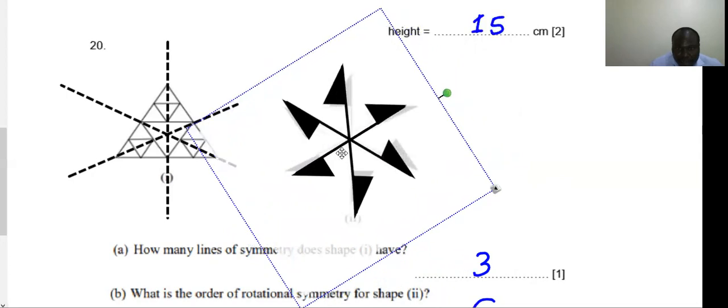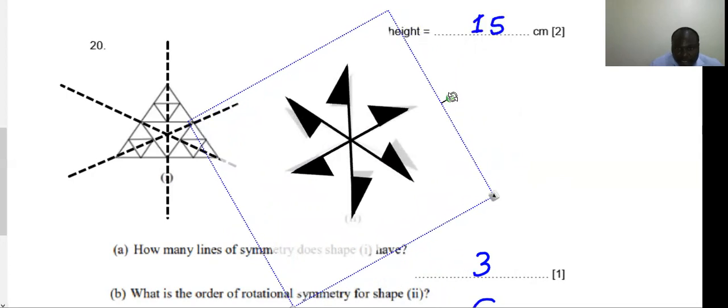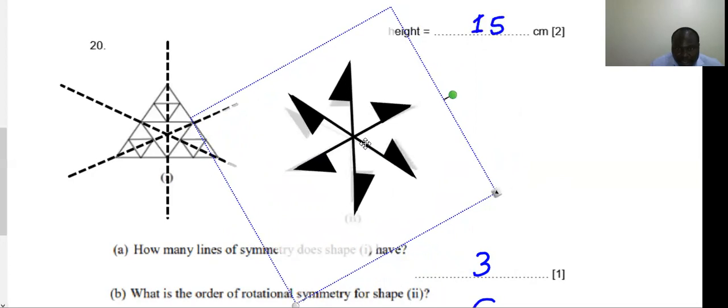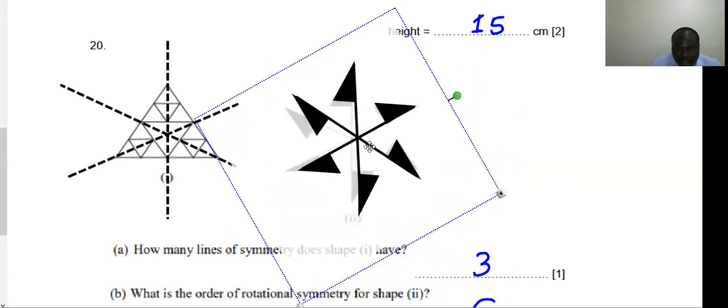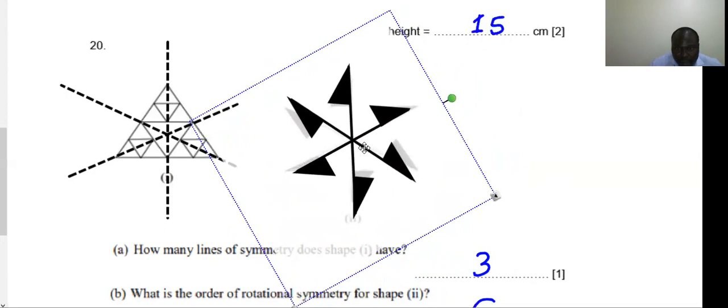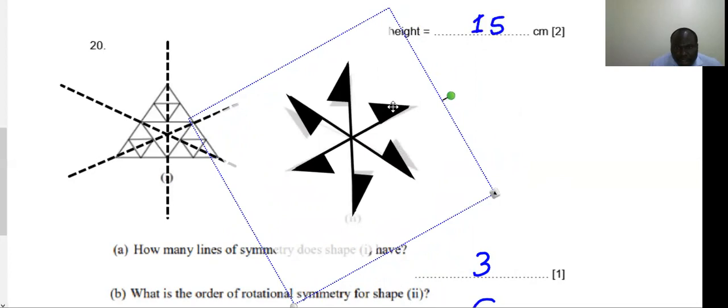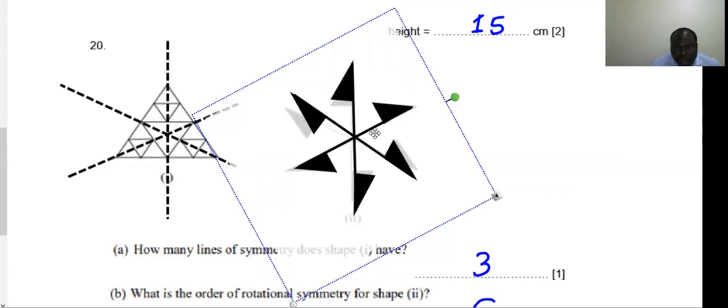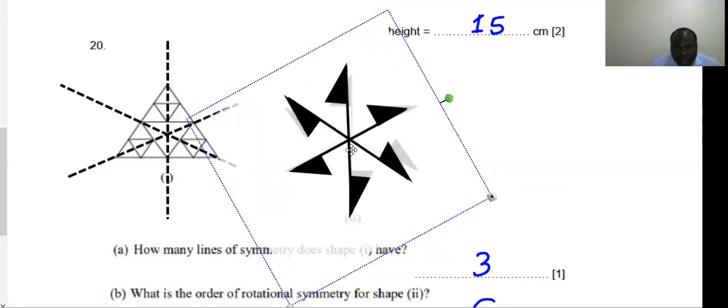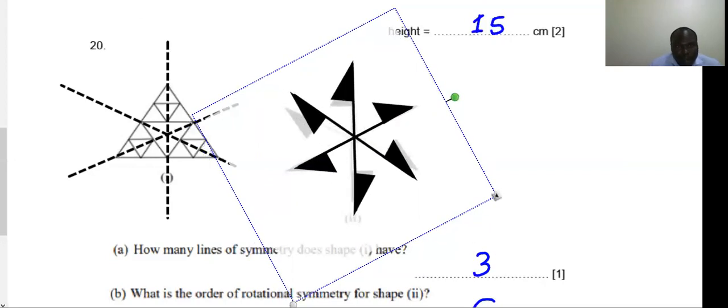Adjust your tracing paper before you count. Does it fit? What is happening? Yes, it fits. Let's try to rotate it nicely. Oops, what is happening here?